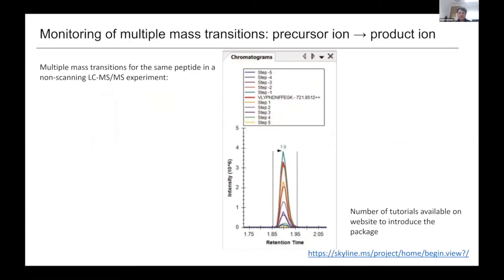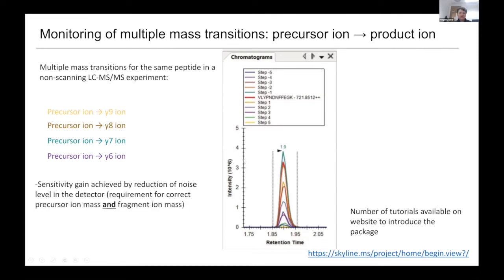That's shown here. Essentially what we're looking for is combinations of precursor ion masses and product ion masses. This transition from precursor to product ion mass through the fragmentation process is also known as a mass transition. In this example, we're looking at the combination of 4 transitions of the precursor ion, the intact peptide mass, to 4 different fragment ion masses, in this case the Y9, Y8, Y7, and Y6 ions.